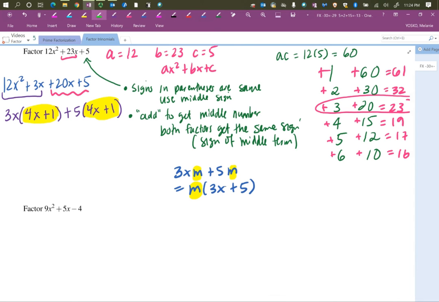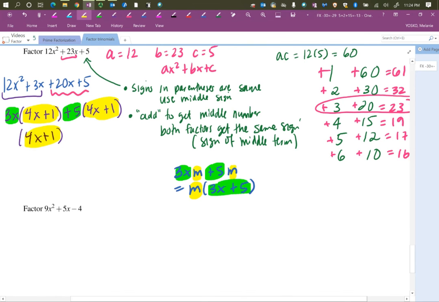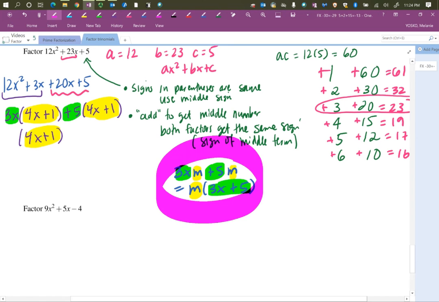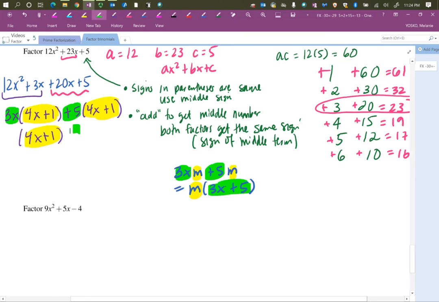So where did the 3x plus 5 come from? Right there. Oh look, we also have a 3x plus 5. So we rewrite the piece they have in common. We called it m down here when we factored. And then we read off the rest of it, 3x plus 5, that gives us the second factor. Okay, let's try another one.